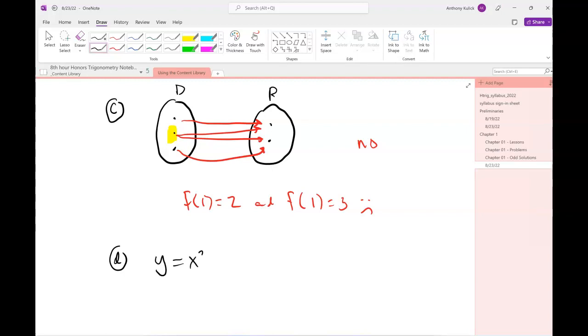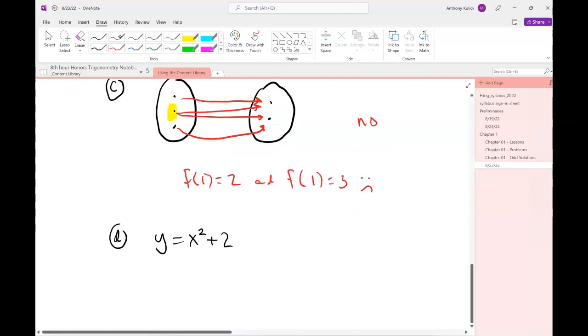So y equals x squared plus 2. Is that a function? Okay. Mary, you were shaking your head yes, right? Can you tell me why? Does anybody else think it's yes and has an explanation to go with that?